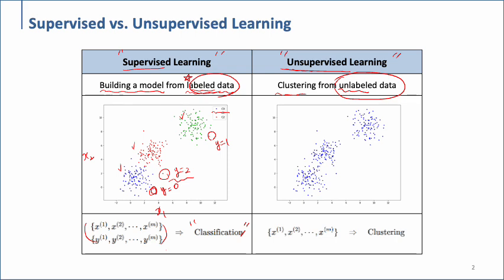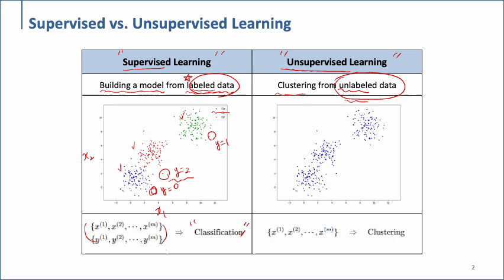But in the case of unsupervised learning, the data has no label. The data is unlabeled, so like this, there is no label. Of course, intuitively, we can divide this data into three clusters.